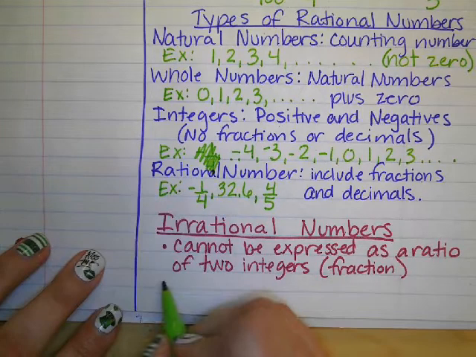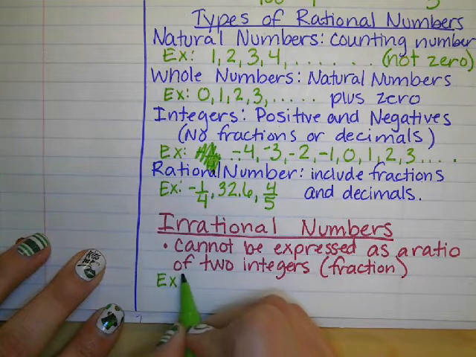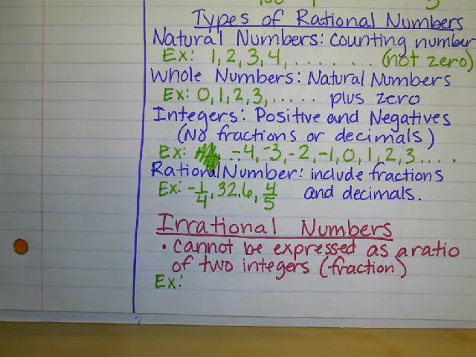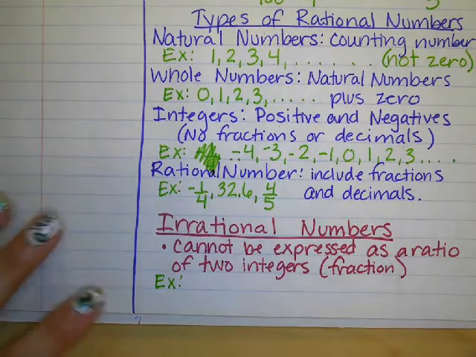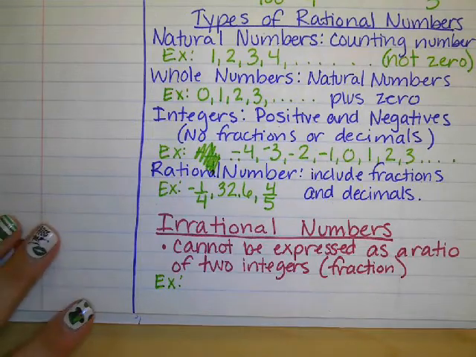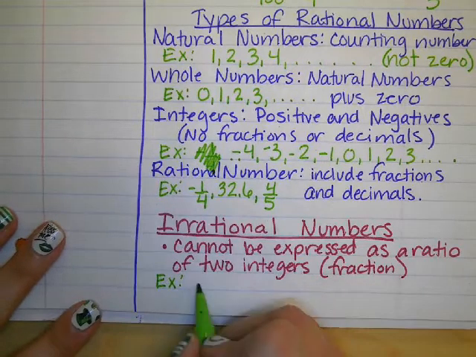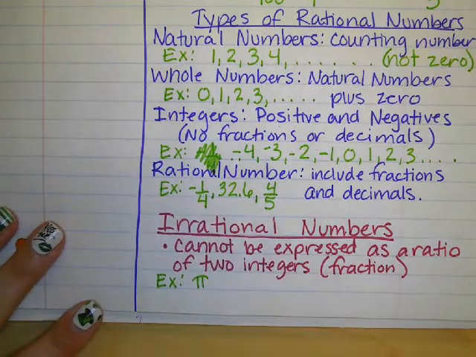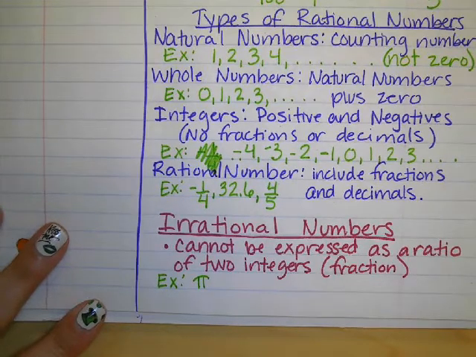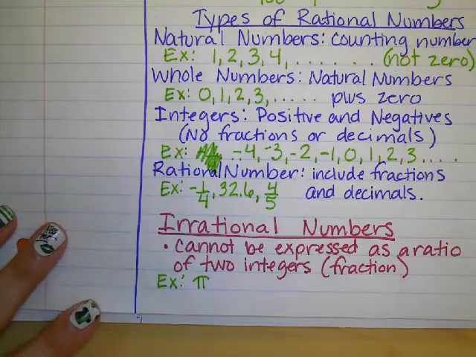So for our example, a very famous irrational number, we used it in our volume unit, was pi. So pi is a number that goes on forever. It does not stop.